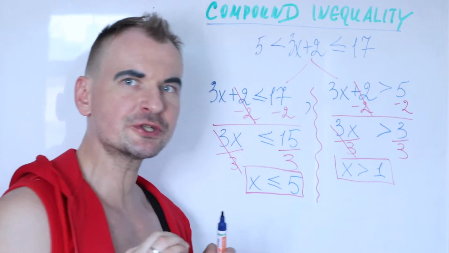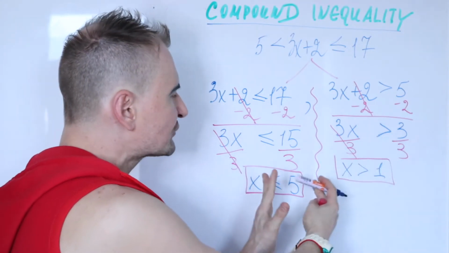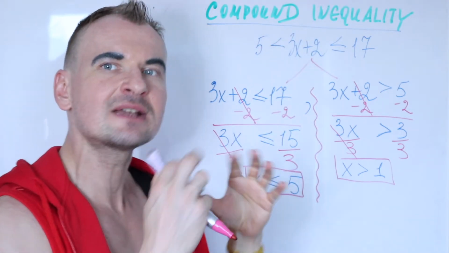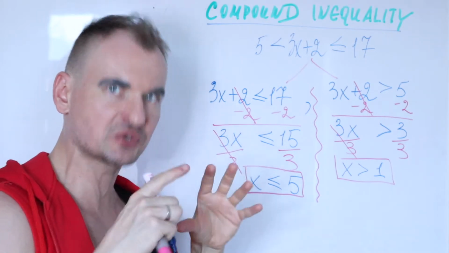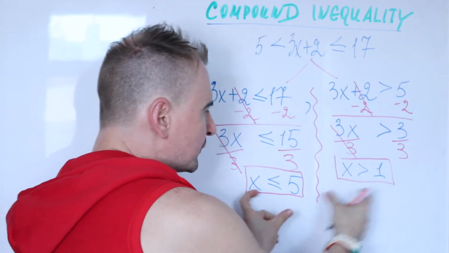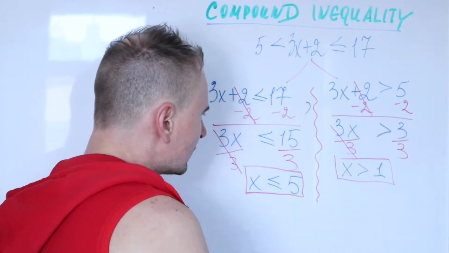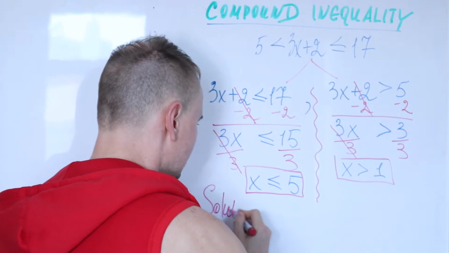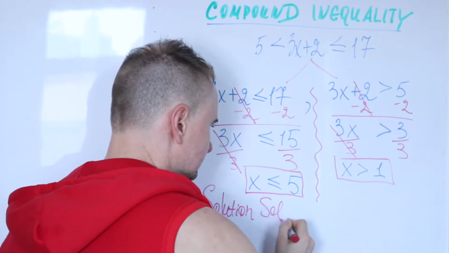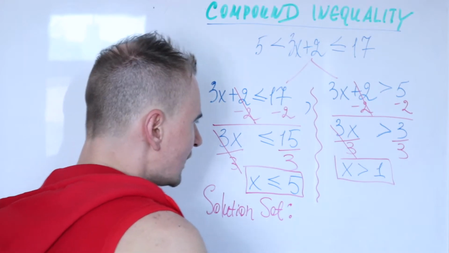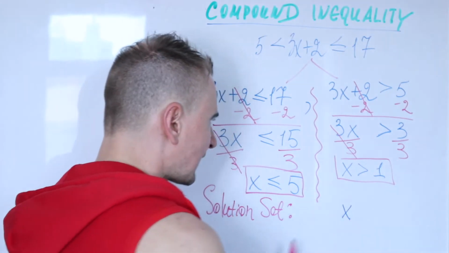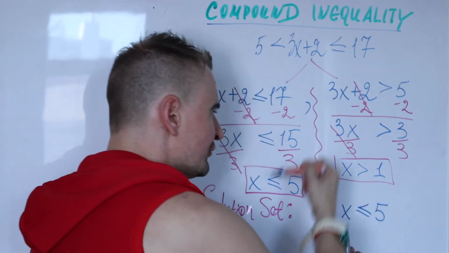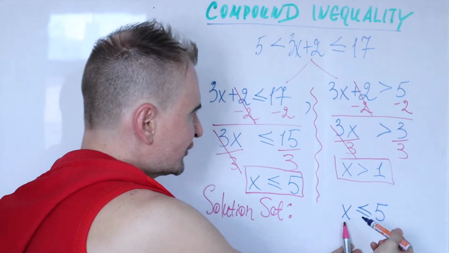Now, what you want to do is join these two solutions into one. Because originally, in the beginning, we were given a compound inequality, like 2 in 1, as I said. So I'm going to put them together. Your solution set, your final answer, would be: you put x in the middle, and your x is less than or equal to 5, you write it on the right side.